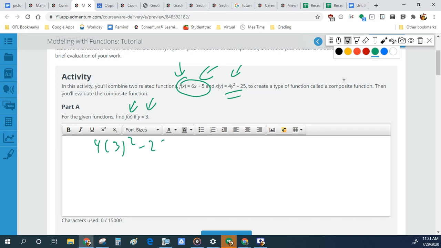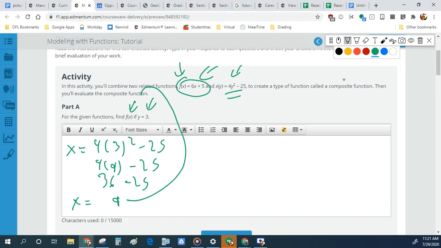This is going to give us our x. So 3 squared is 9, and 4 times 9 is 36, minus 25. This tells us that we get 9 as our x. So x equals 9. Now that we have 9, we can plug this 9 into this f of x. Does that make sense?